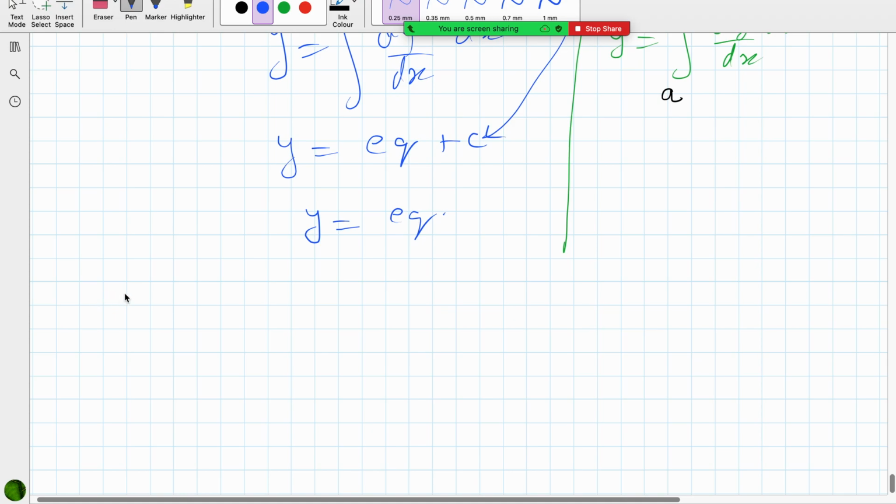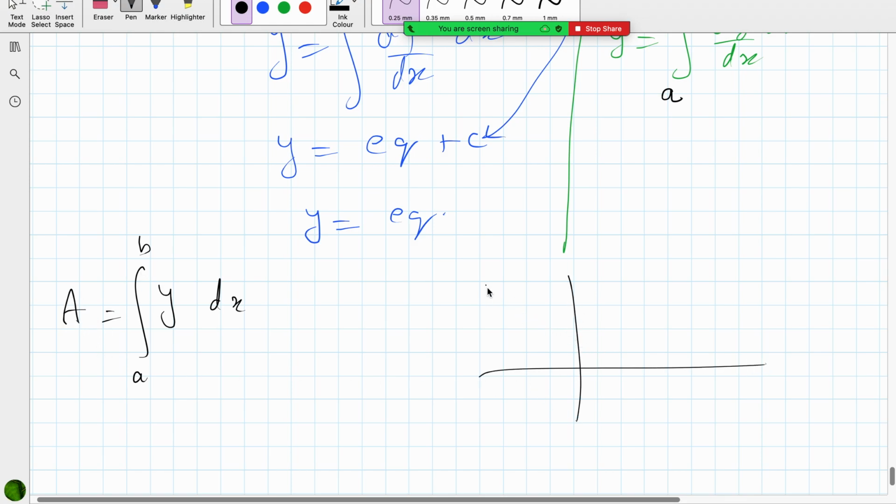For example, basically I shouldn't have written dy by dx, I should have written y. When you integrate it with respect to x for the given limits, you get the area. So y is equals to x square plus 3.